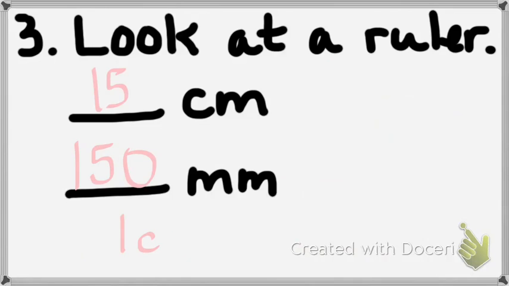Because we know that 1 centimeter is equal to 10 millimeters. Or I can just see it right there on the ruler, that each centimeter is divided into 10 equal units. And the little units are millimeters. Everybody know those little black lines are millimeters? Yes? Okay. Everybody feeling comfortable with the ruler? Great.